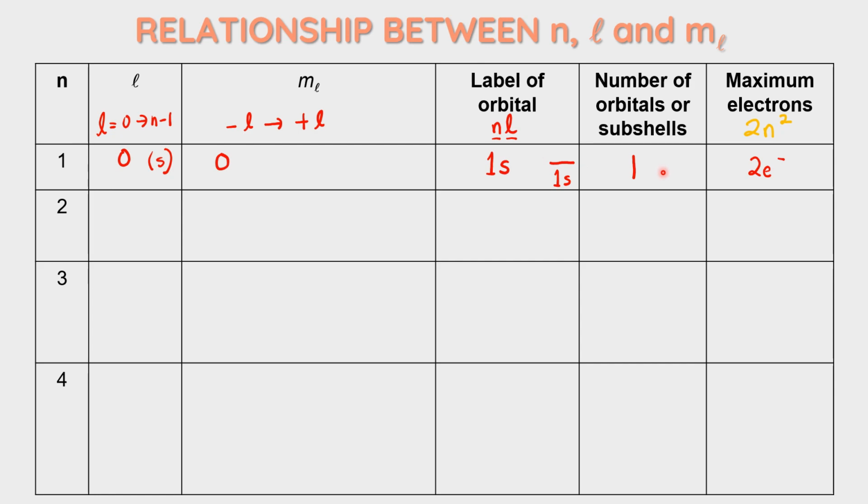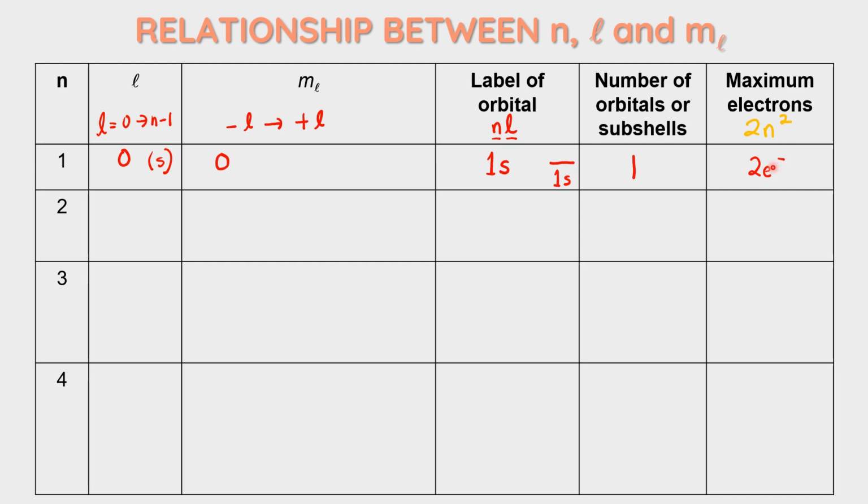So by using ms concept, magnetic spin quantum number concept, by knowing the number of orbitals, you can identify the number of electrons in that orbital. And to know the maximum number of electrons in one energy level, like this, you can also simply use this formula 2n squared. That will give you the same answer.